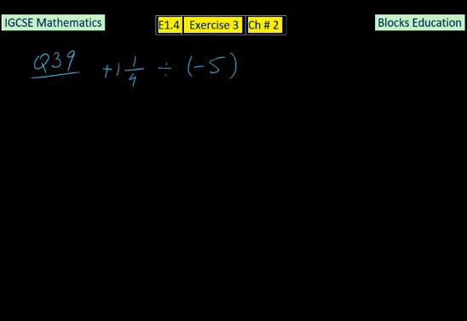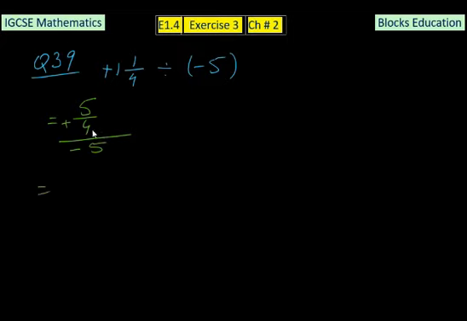In question number 39, it is a reciprocal whole number, so it is 1 over 4 divided by minus 5. So once again, let's make it a simple fraction, so it will be 4 ones are 4 plus 1 is 5 over 4, and then divided by, look at that, this is a plus sign, right, and divided by minus 5.